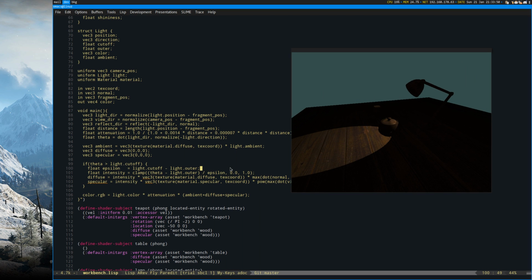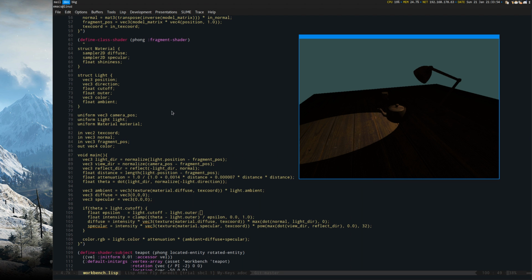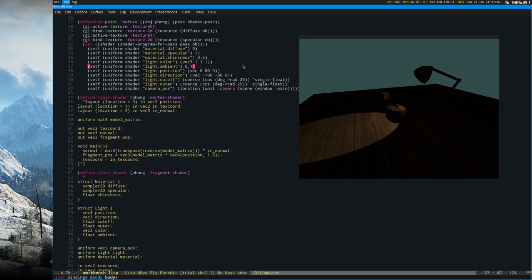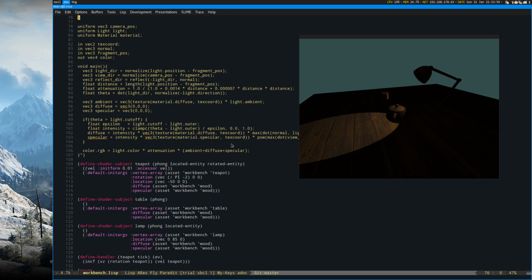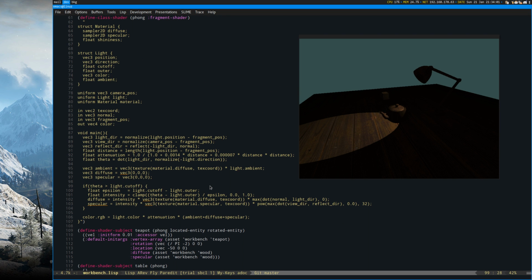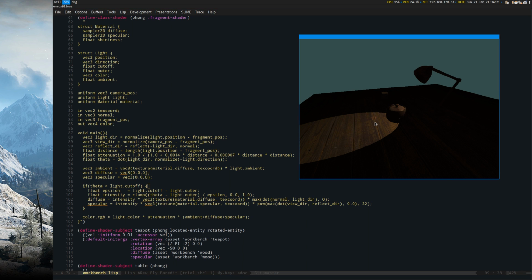I don't see anything. Why? Why am I not seeing a difference?